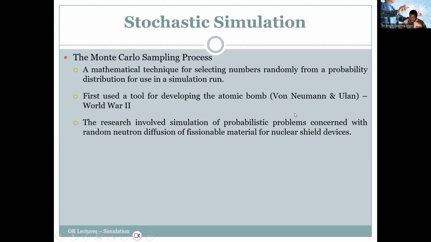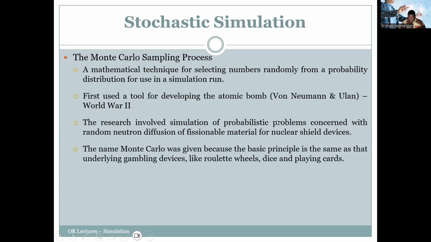The name Monte Carlo was given because the basic principle is the same as that underlying gambling devices, like the roulette wheels, dice, and playing cards, because you shuffle and remove them randomly, you throw the dice and some numbers pop up randomly.